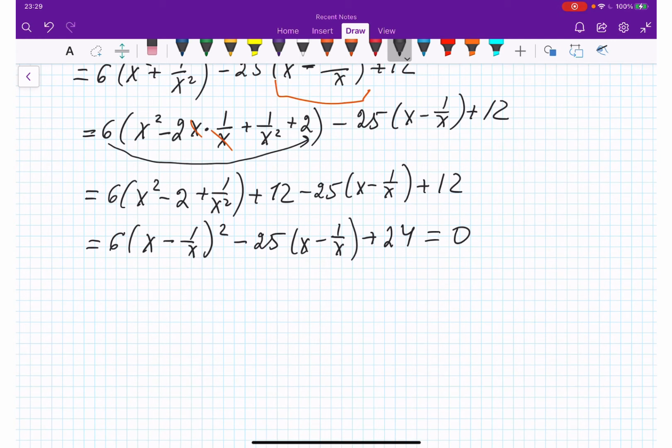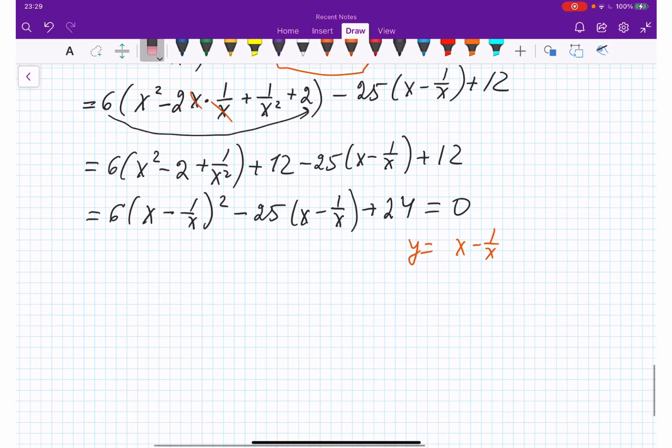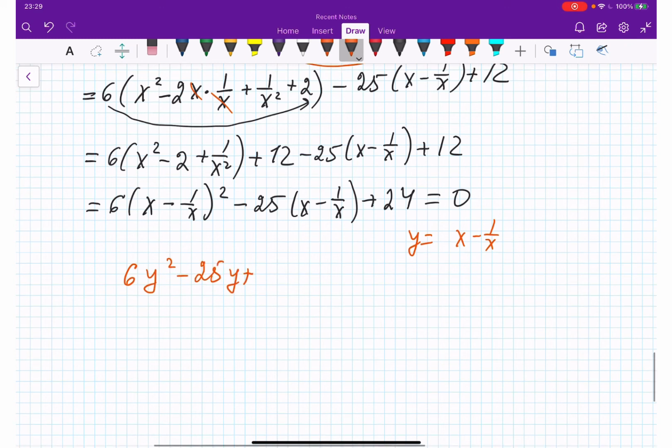So after we do substitution, y is equal x minus 1 over x, we are getting 6 times y squared minus 25y plus 24 is equal 0.